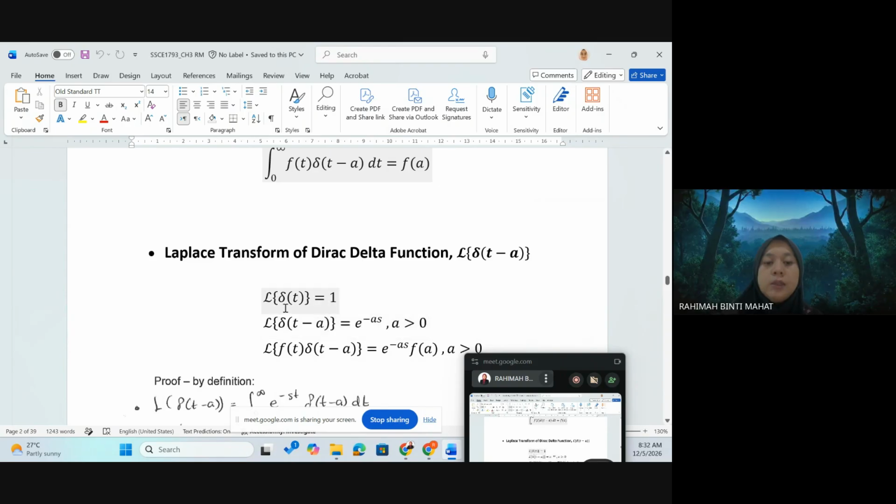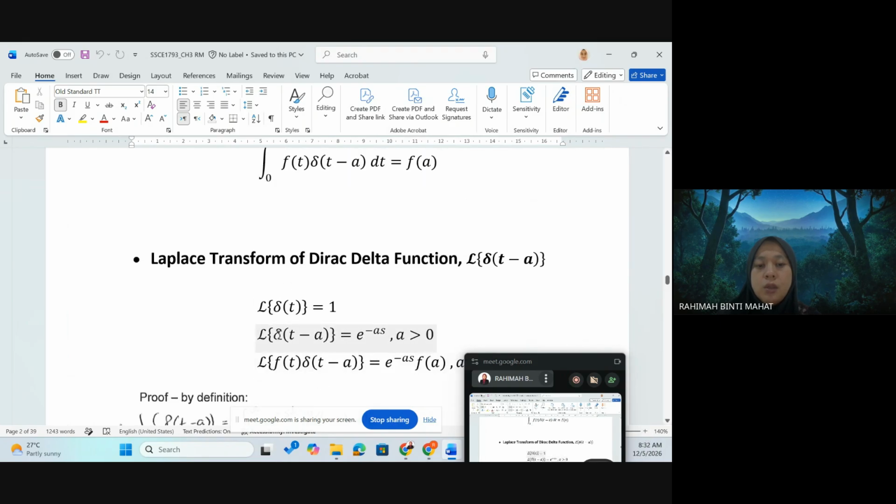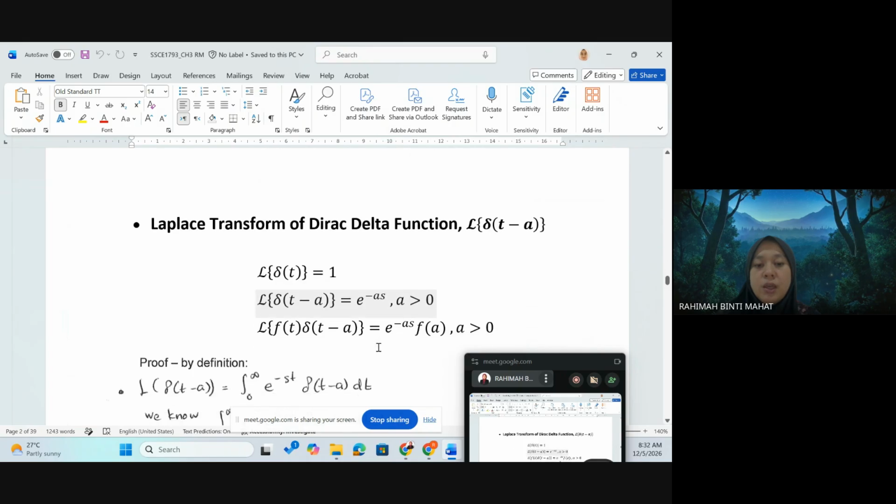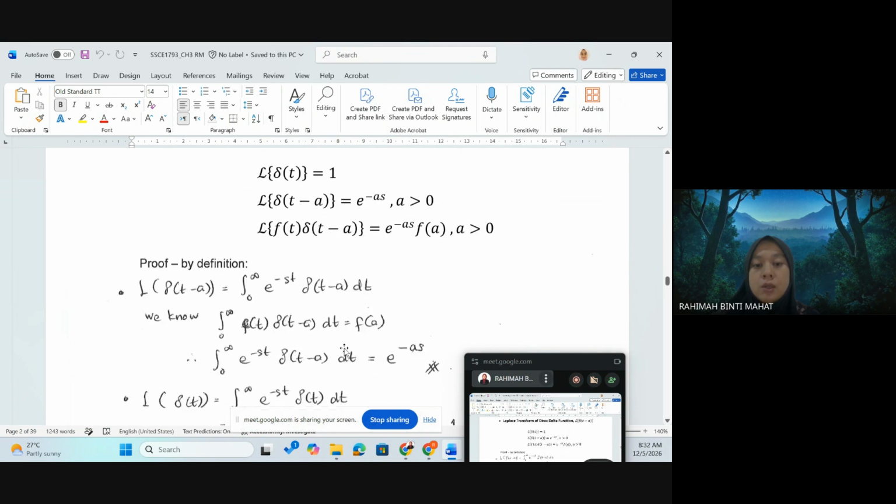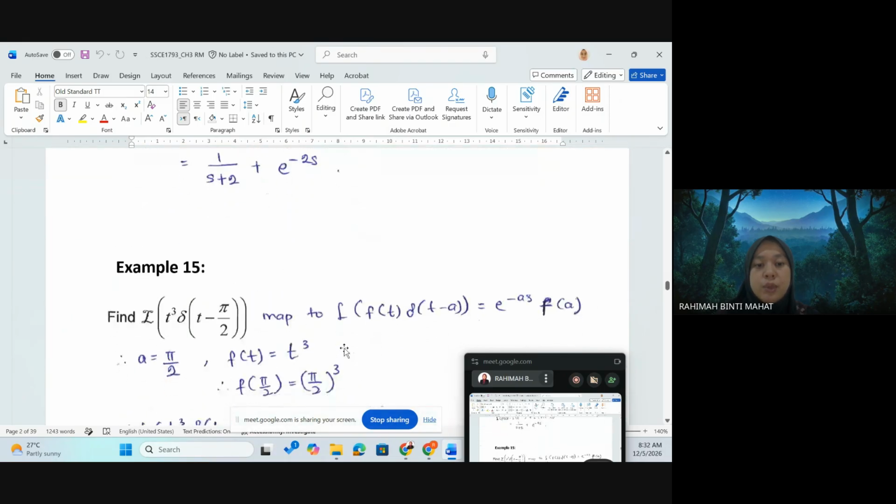You need to know that if you Laplace delta t, it is equal to 1, and Laplace delta t minus a is equal to exponent negative as, and we have f t here. If you use this formula for the third one, you need to find f t. Okay, so what is f t? This is the proving part.